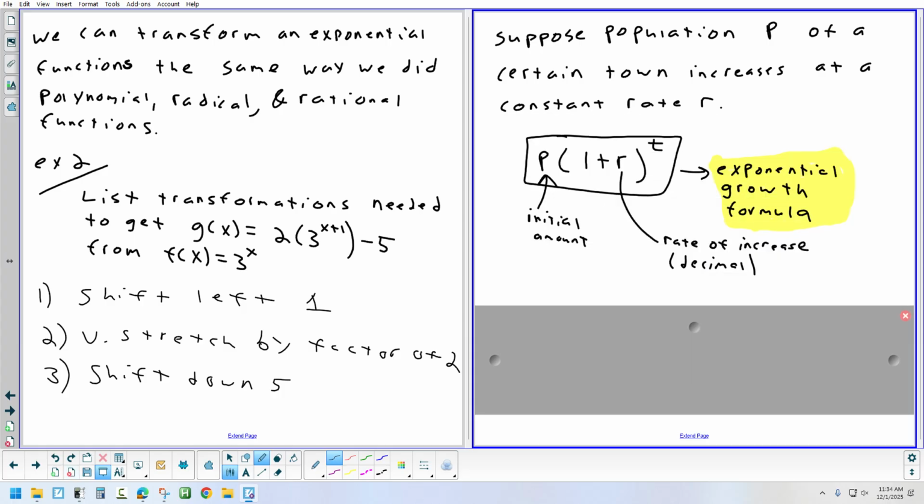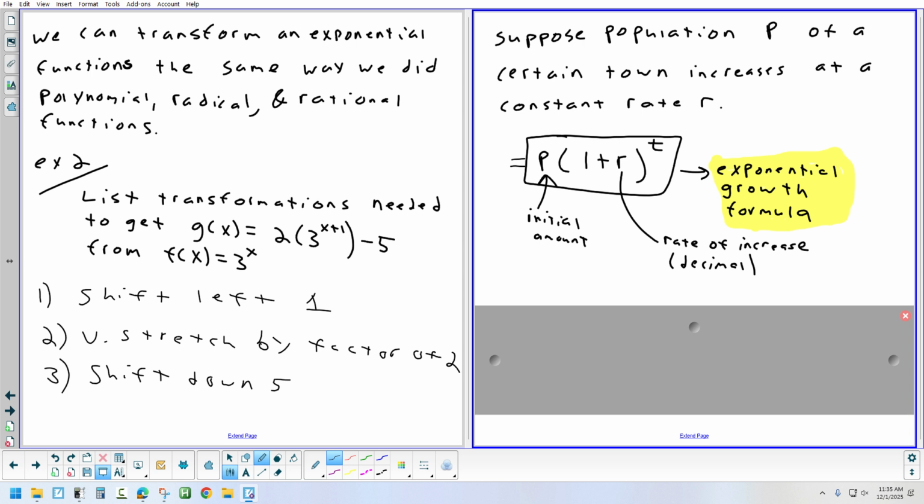So when we are doing exponential growth problems, that's the formula that we need to use for our calculations. So you'll have some amount that you're trying to figure out, maybe an amount of people, an amount of bacteria, but it'll be an amount. And the formula is P, which is the initial, times 1 plus r to the t.